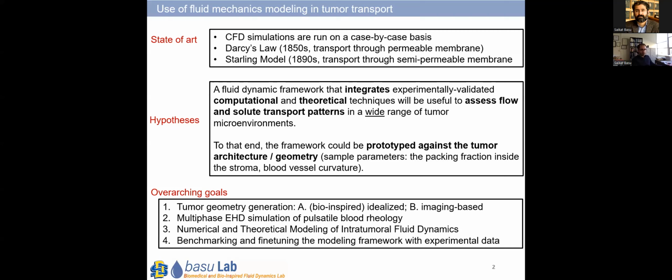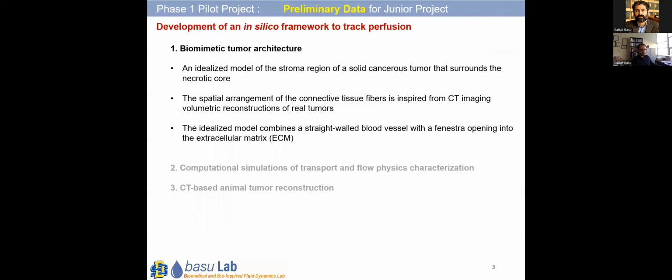Number two, we need to be able to computationally replicate the realistic rheology of blood transport in the tumor vasculature. Number three, we will develop numerical and theoretical models for intratumoral fluid mechanics. And number four, we will compare the model data with experiments, first to benchmark the modeling assumptions and then to figure out how to fine-tune the modeling framework to make it even more realistic.